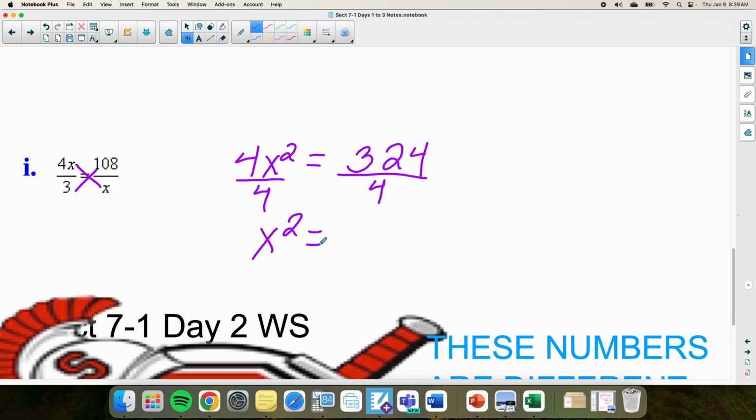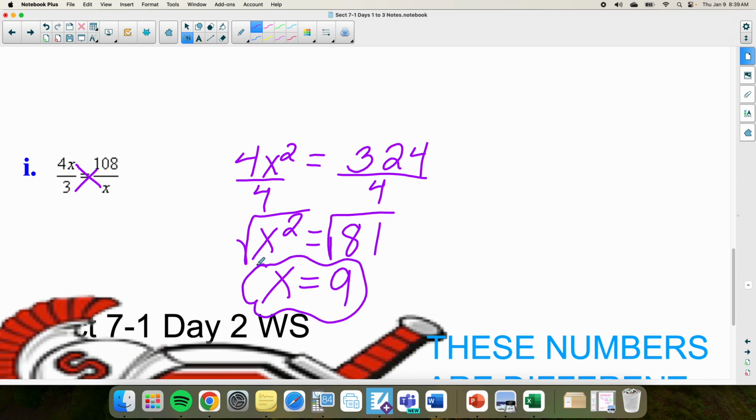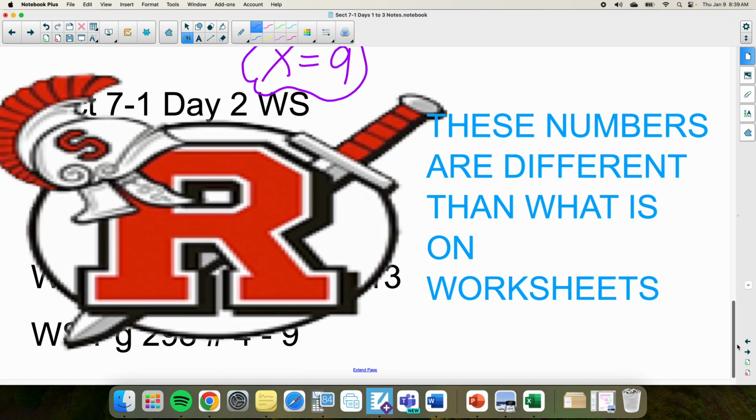And then we have 324 divided by 4, which is 81. And then we take the square root. And the square root of 81 is 9. Okay.